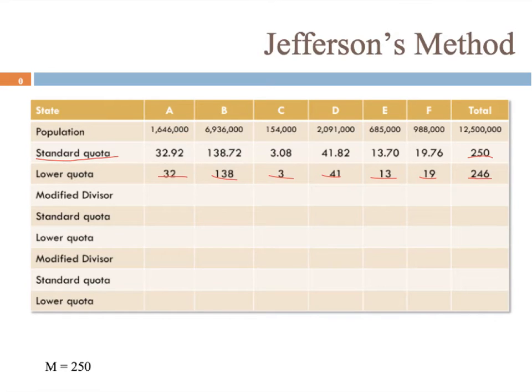All right. So we're going to change up the divisor just a little bit. Remember that the standard divisor was 50,000. We're going to change that just a tad. Let's bring it down a little bit. So we're going to make the new modified divisor, let's say, 49,750.